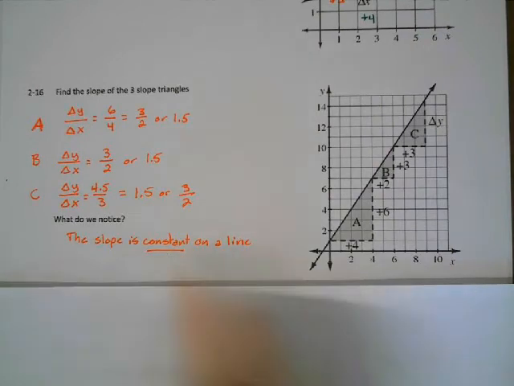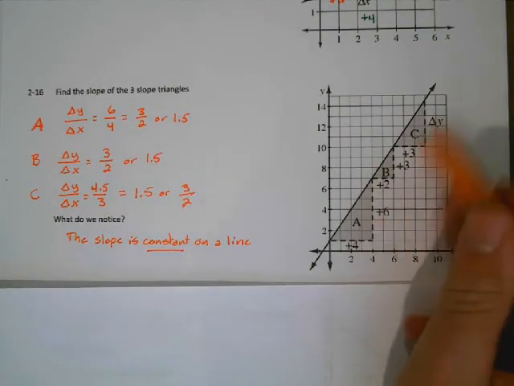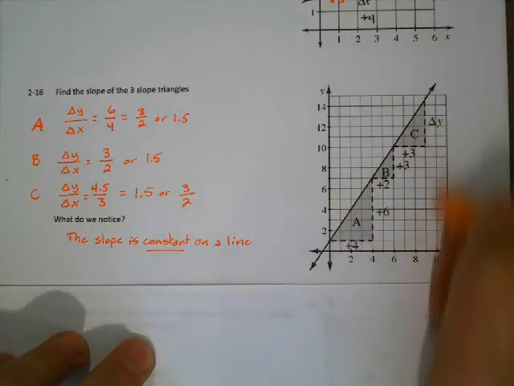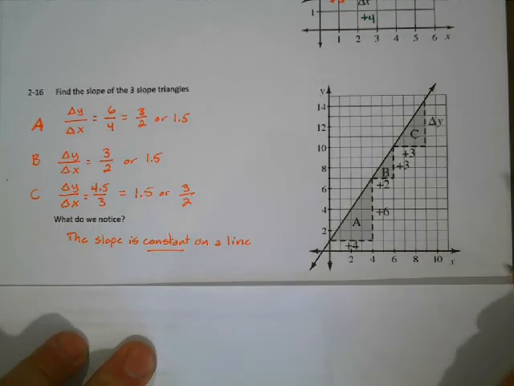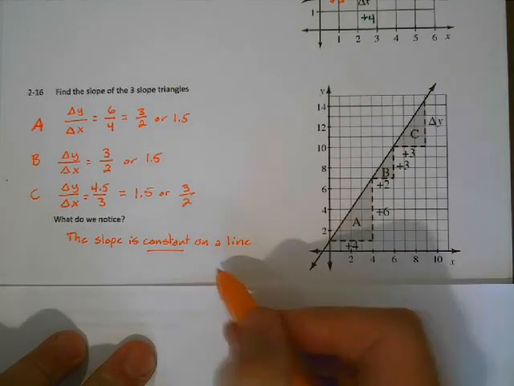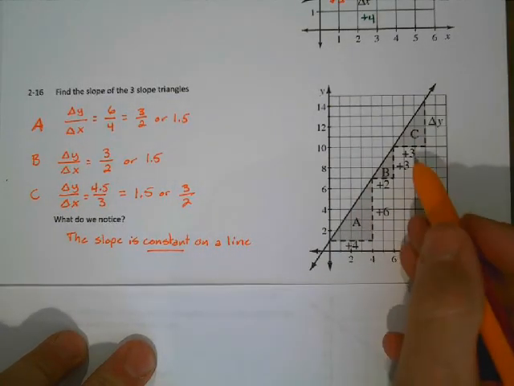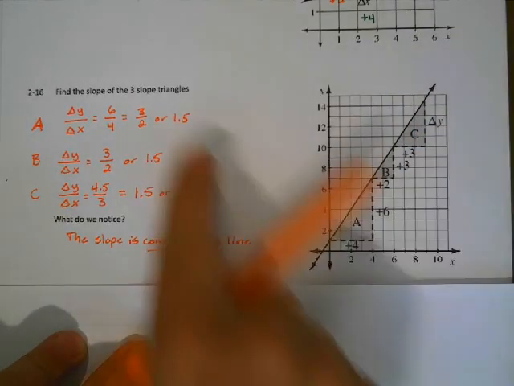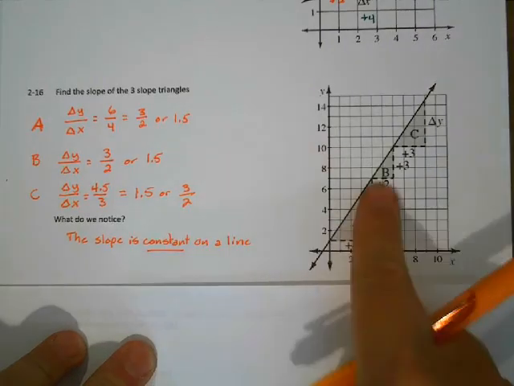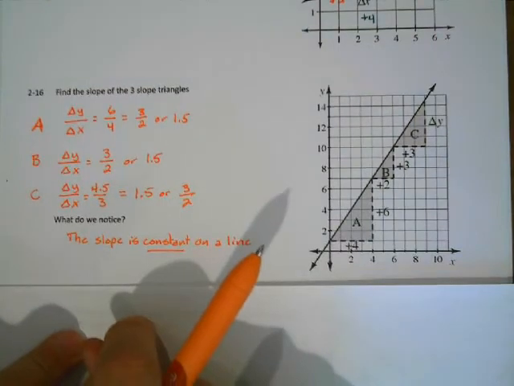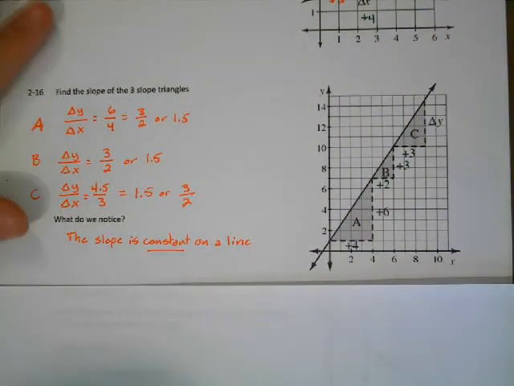So in this particular problem, we've seen that no matter which slope triangle we made, and we can even make a slope triangle that does the entire pattern in here, no matter which 2 points that we pick to make a slope triangle from, we'll notice that the slope is going to be constant because on a line, the slope doesn't change. Because look at this, the steepness of that line is not changing. So it makes sense that the slope would not change. From any point, the steepness just stays the same. So that means the slope should stay the same because the slope is the steepness of the line.